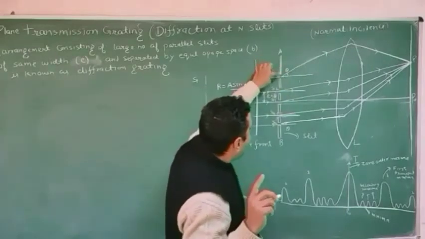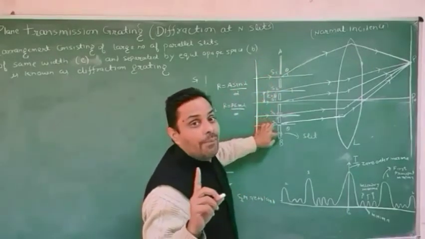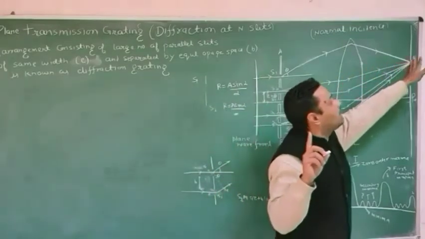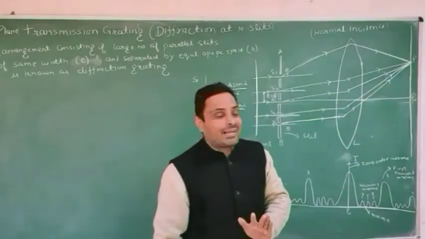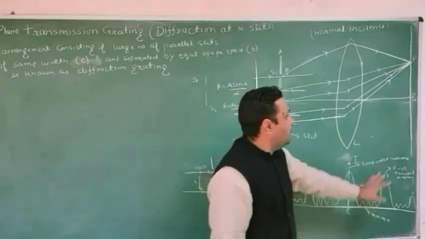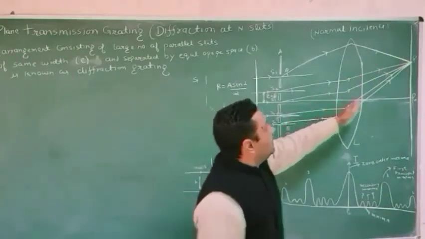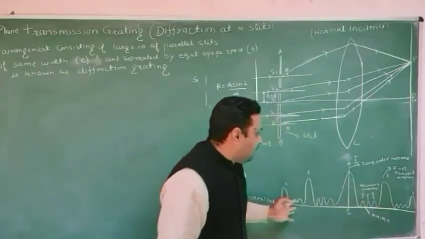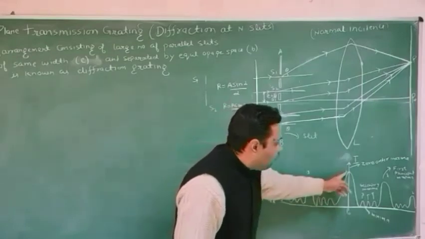All these resultant waves interfere with each other and give the diffraction pattern at the screen. Understand?